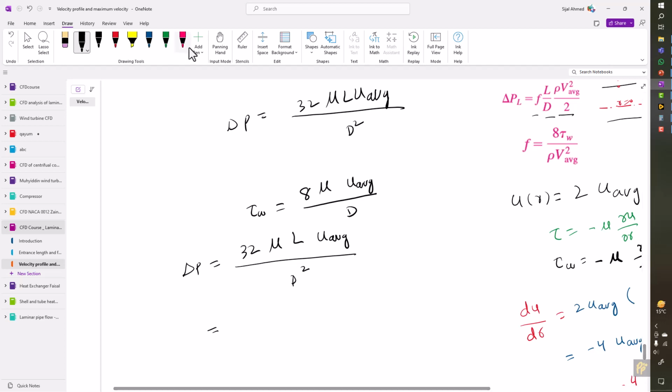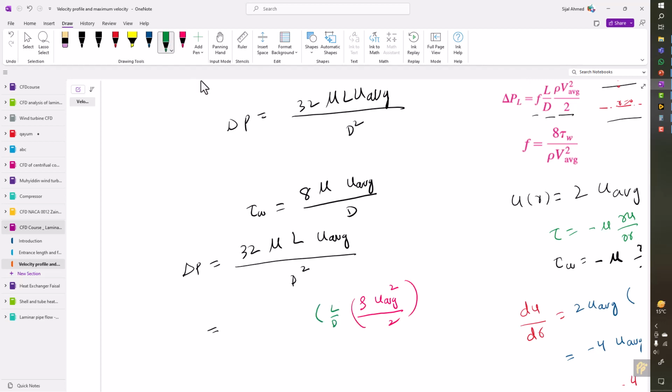Number one is the density times the u average square upon 2. The second term will be L by D. L by D is a very important term. So the remaining thing we have is, when 2 is taken common, the 32 will become 64.